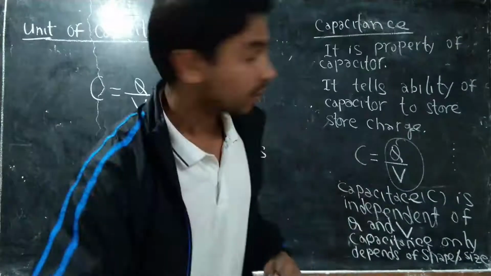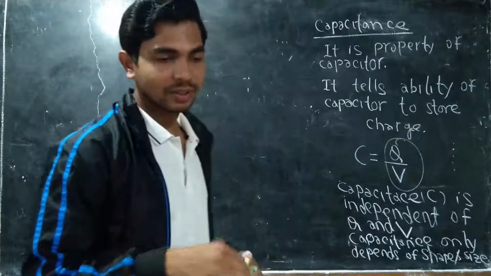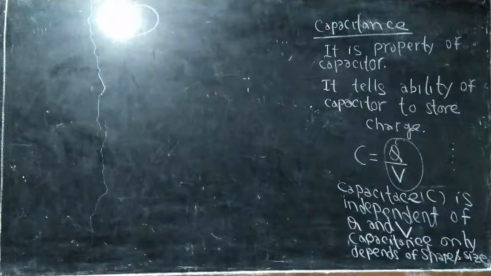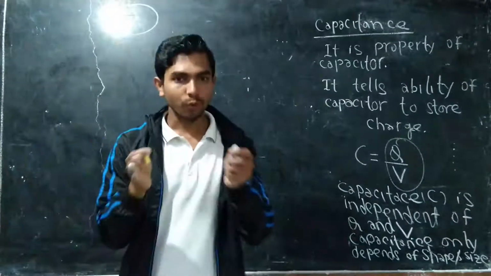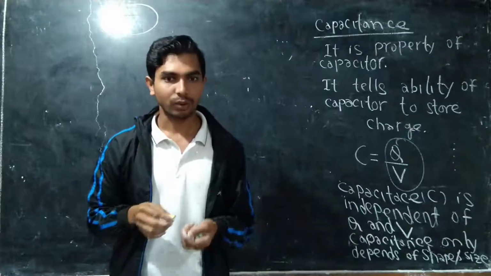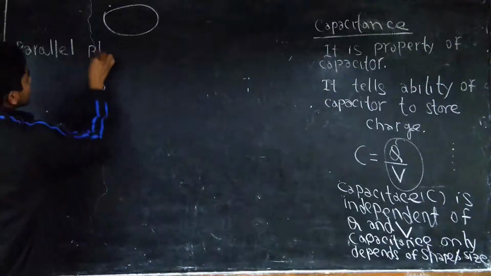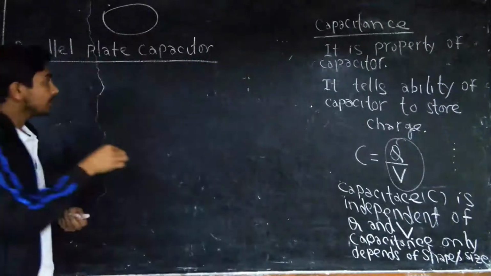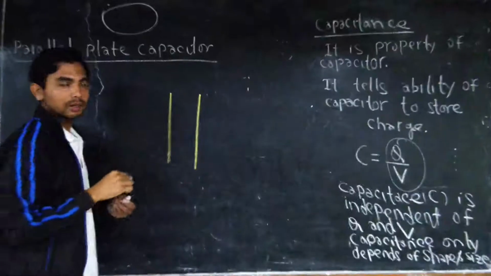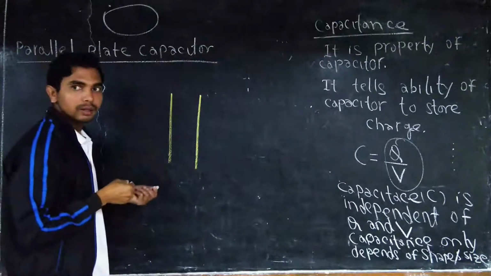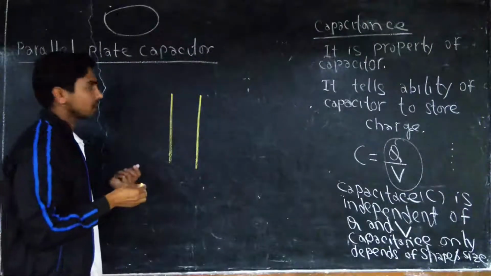This is clear from the name: two parallel plates. See, this is one plate, this is another plate, and both are parallel. This type of capacitor is known as a parallel plate capacitor.